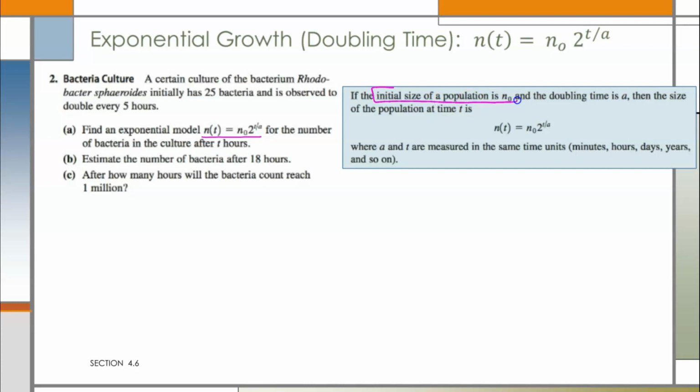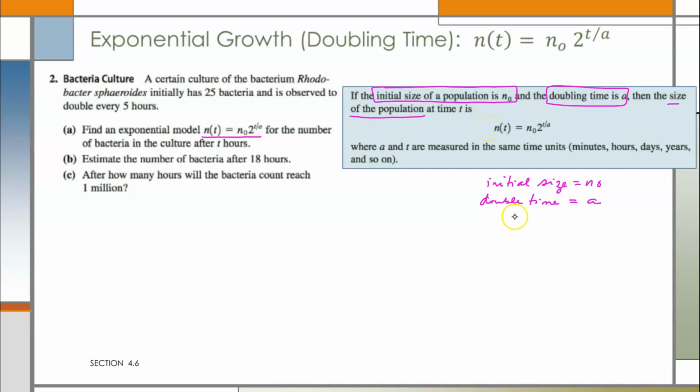Okay, so we are given that the initial size of the population is n sub 0. Doubling time is a. The size of the population is N(t).